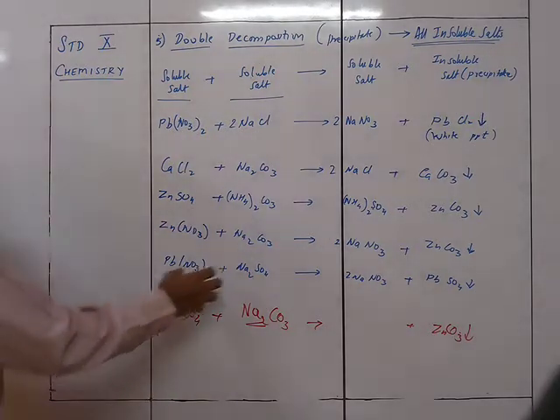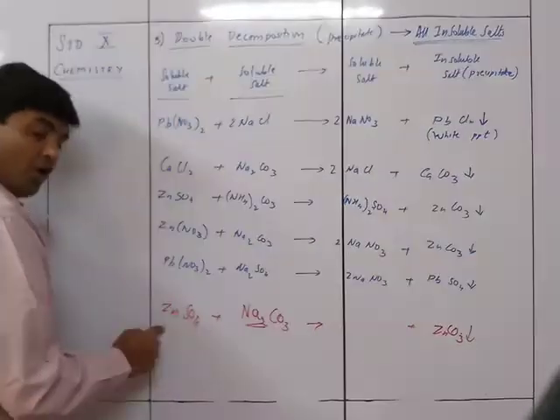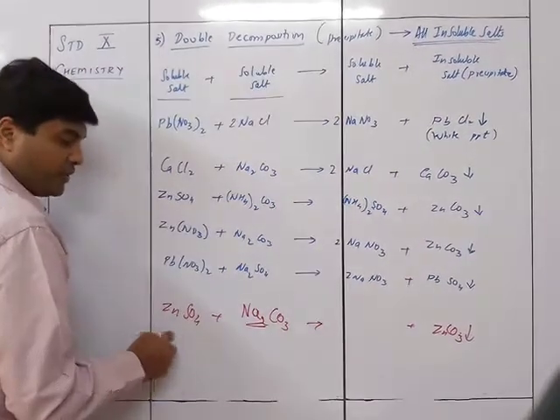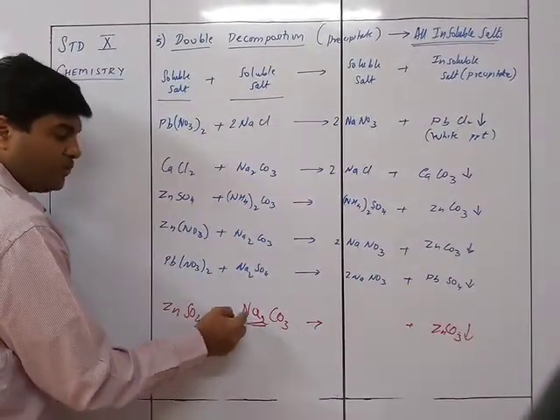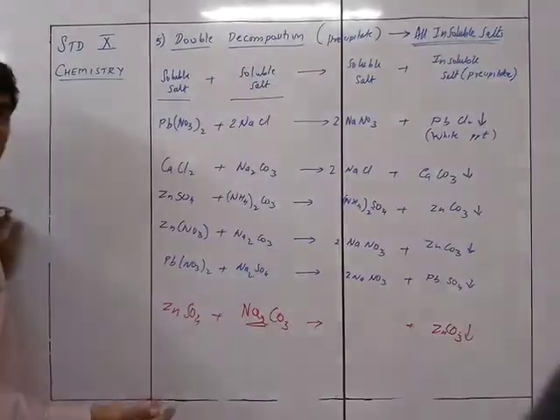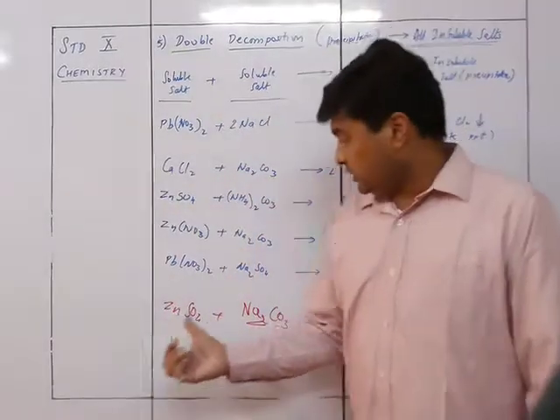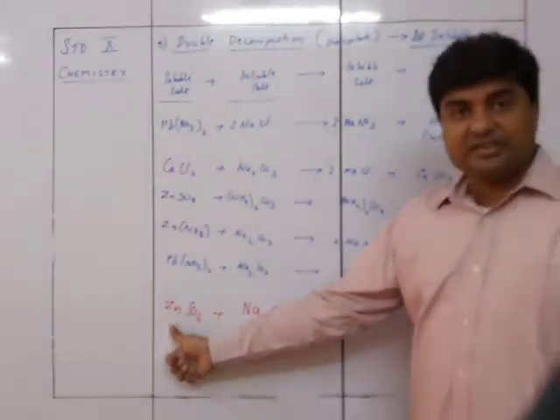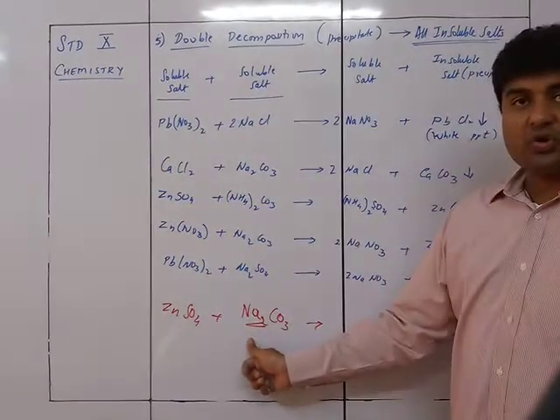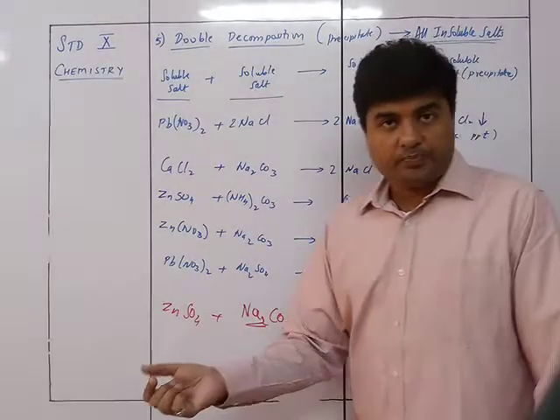You can see over here, carbonate is a weak one. It will go with the weak one. That is why it will travel from here to here. But if I take something weaker than Zn over here, then it is not going to displace. The displacement would take place only if this is weak, and this has to be strong. So this over here is strong and weak. Accordingly, it will be strong with strong and weak with weak.